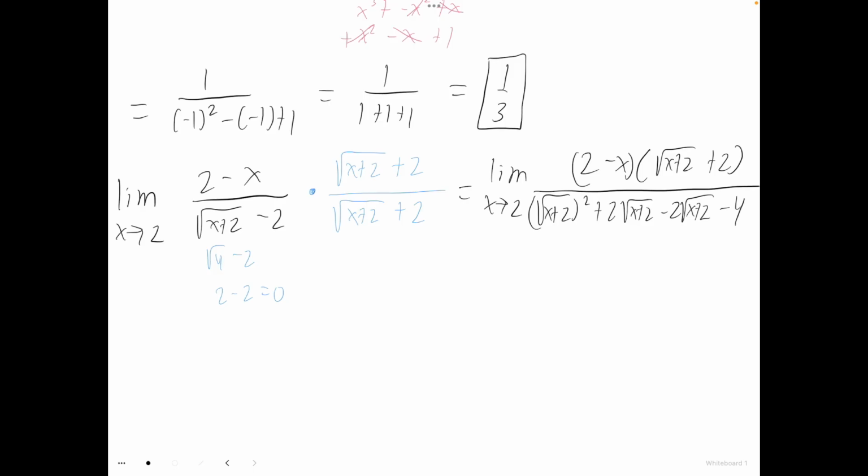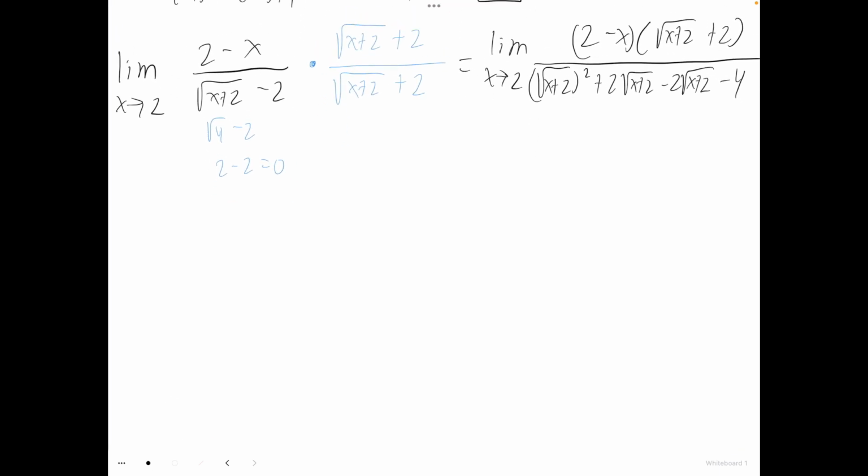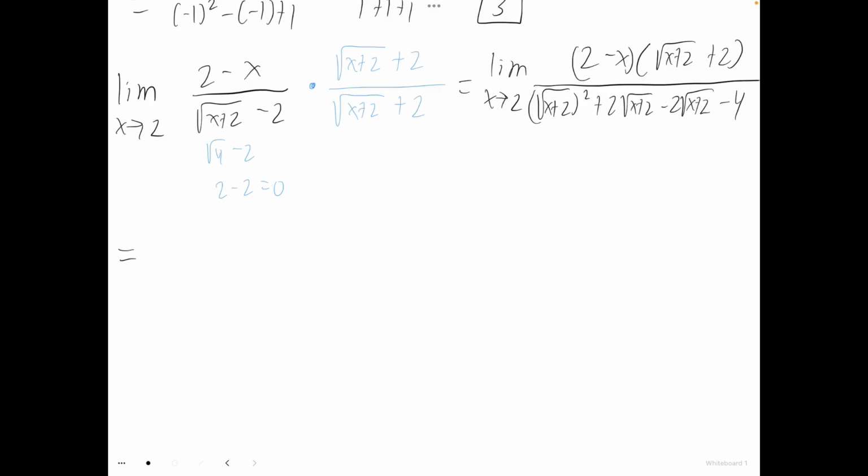And so that just comes from distributing out that product in the denominator. Now if we simplify this, we'd have the limit as x goes to 2 of 2 minus x times the square root of x plus 2 plus 2 on the top, then divided by x plus 2 minus 4.